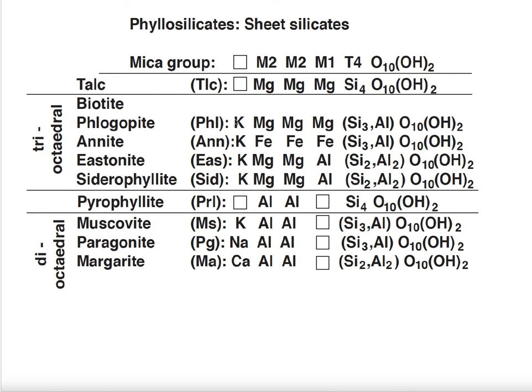If we are dehydrating the muscovite, then we will form K-feldspar. Then we can replace potassium with sodium in the interlayer.